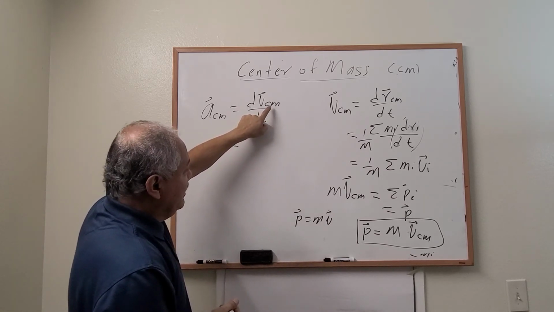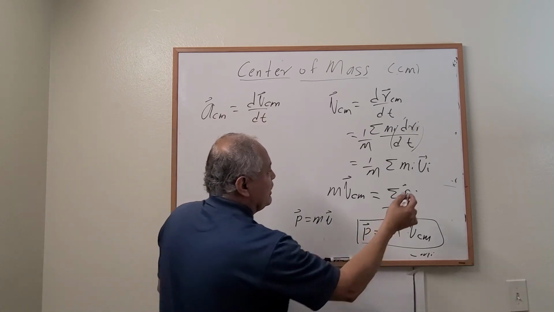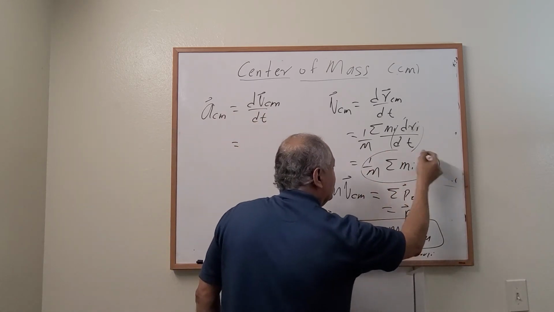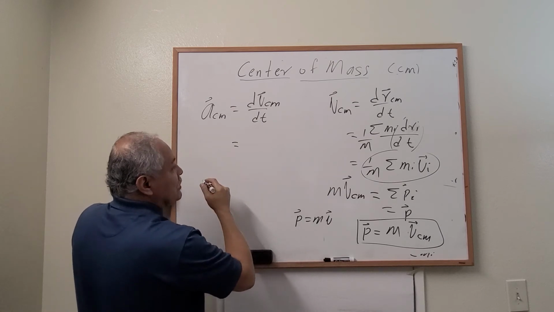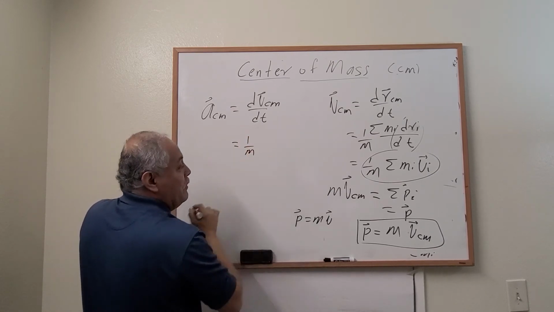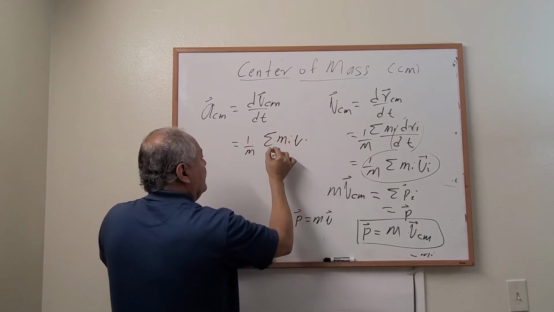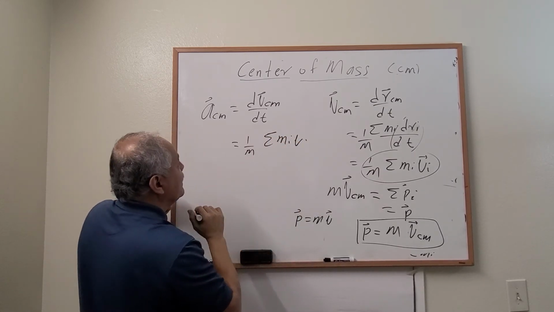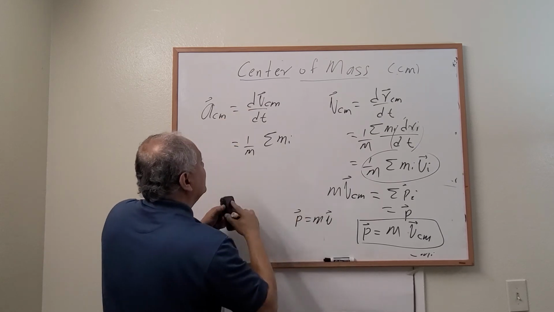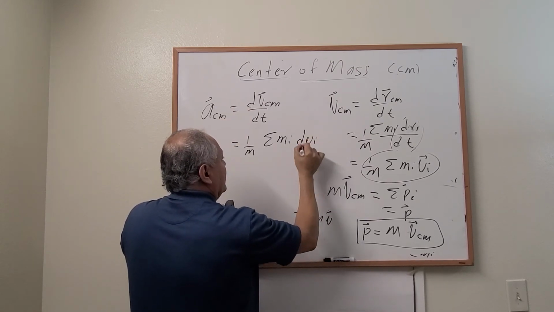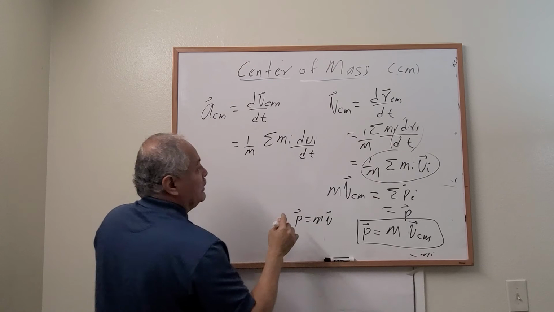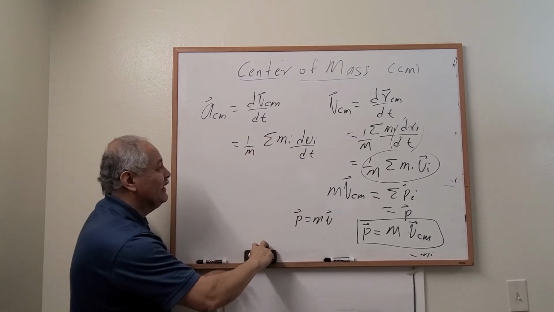We found it. Let's jump to this step right here. So it's equal to 1 over the total mass times the sum of m sub i v sub i, because of the derivative with respect to time right here.